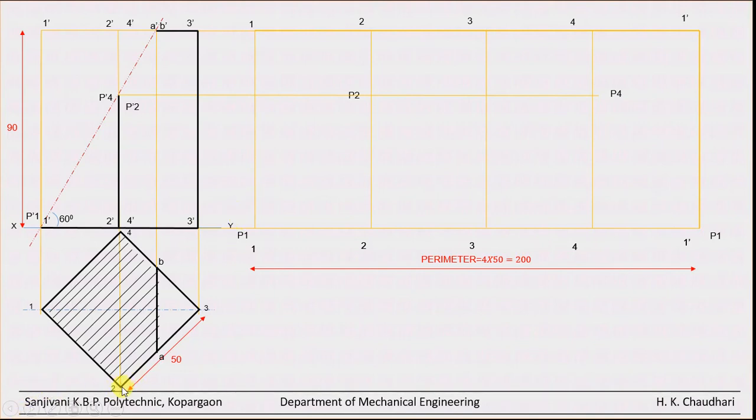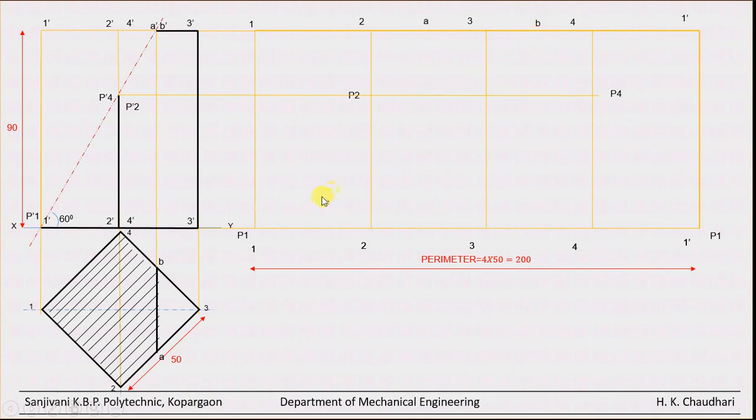So measure this distance in the compass and just mark here point A. Now A and B are on the top surface, so measure from here and locate point A, clear. This is here the point A and point B is there. Okay, now for point B, we take the distance 4 to B in the compass and mark here 4 to B.